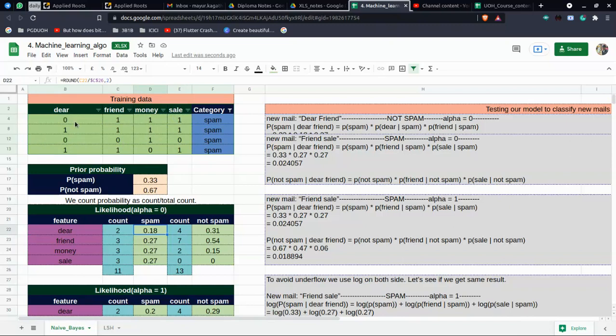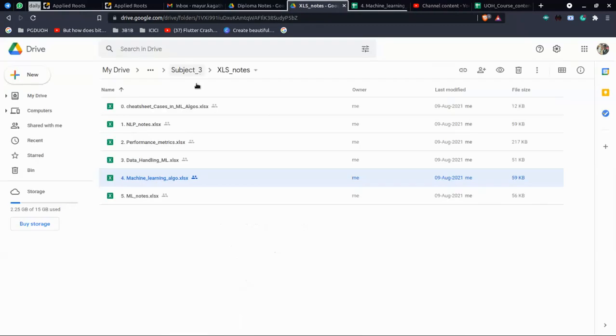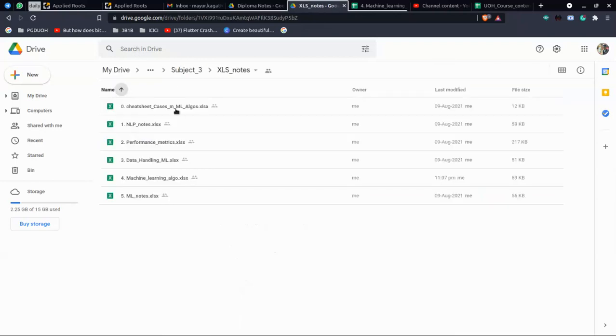If it was that tennis example data, with outlook sunny, and temperature high, medium, or low, then the probability would be 2 by 4. Don't confuse, guys, this is NLP. I'm taking this example from NLP. We had that play tennis or not example in the mid sem, I hope you remember.